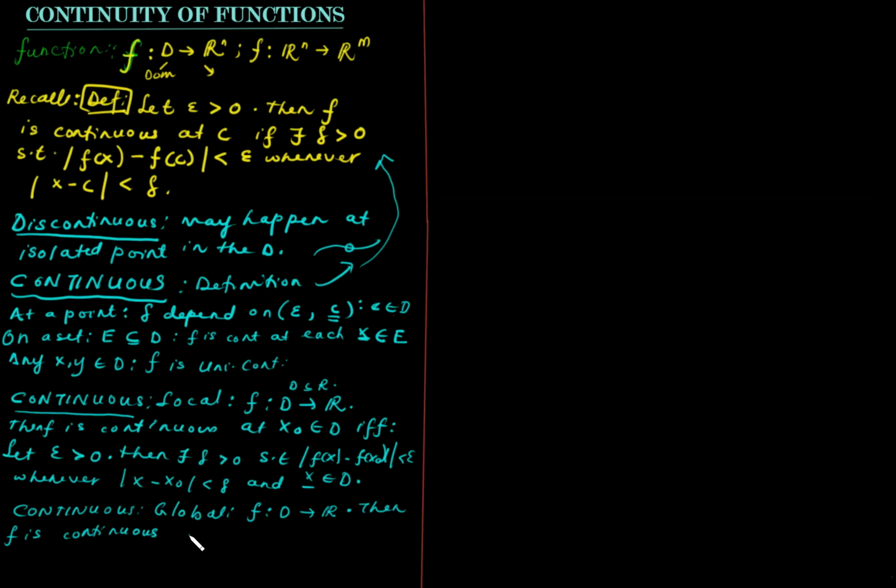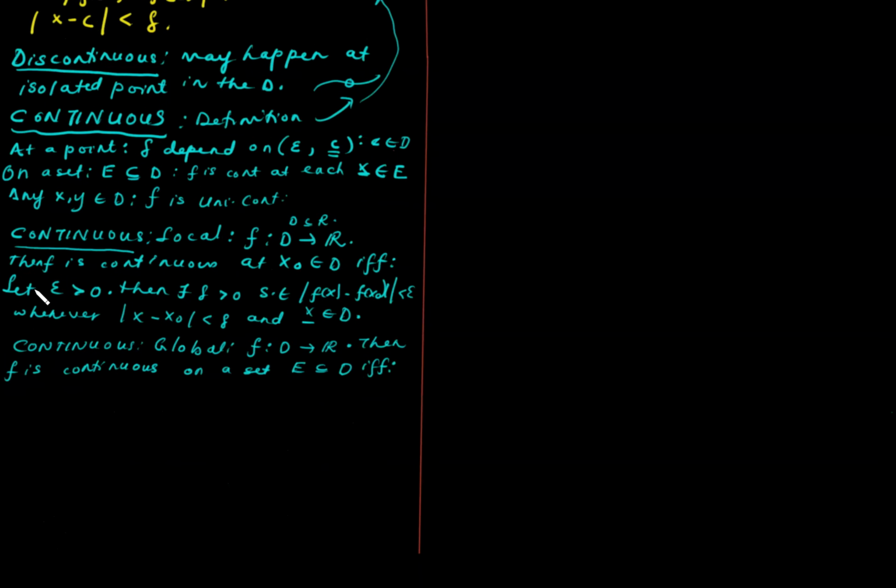Where, at or on a set E that's a subset of the domain. So the biggest difference that we see here is at a point versus at a set, if and only if this happens. When f is continuous, if and only if, we're going to follow all the rules up there.